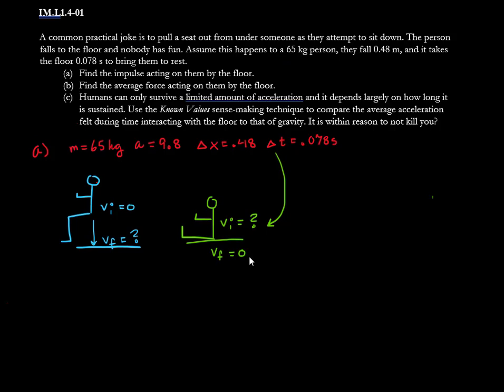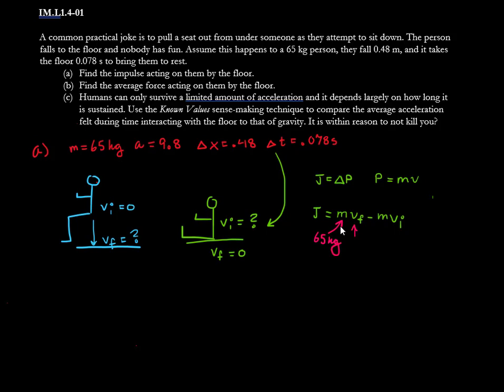So for part A, we have to define what impulse is. So impulse is change in momentum, and J is impulse and P is momentum, and P equals mass times velocity. So since the mass is unchanging, we can just say that impulse equals mass times velocity final minus mass times velocity initial. And that's for this segment. Mass is unchanging, so we know that's going to be 65 kilograms.